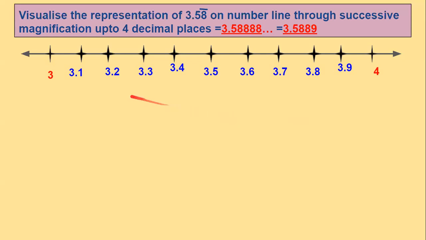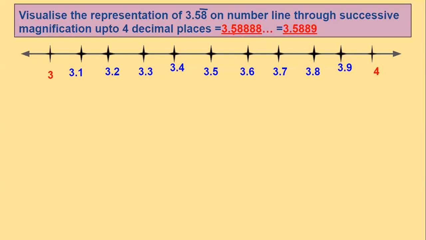So like this, between 3 and 4, I have taken 10 equidistant points. I have divided 3 and 4 into 10 equal parts, like 3.1, 2, 3, 4, 5, 6, 7, 8, 9, and 10. So when we add 1 to 3, it will become 4. So where will this number lie?